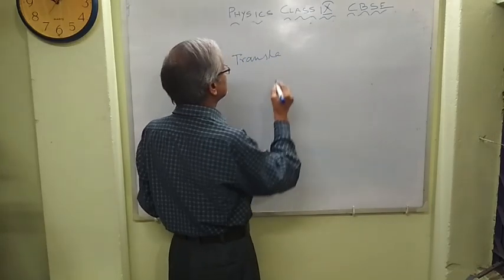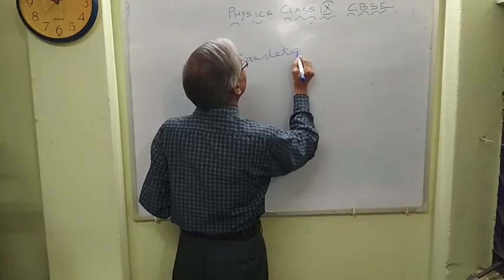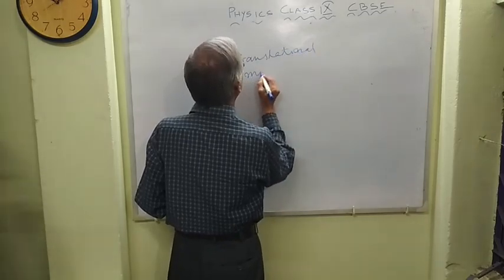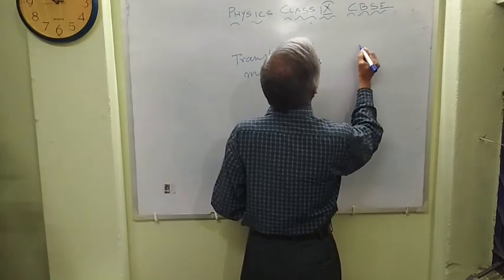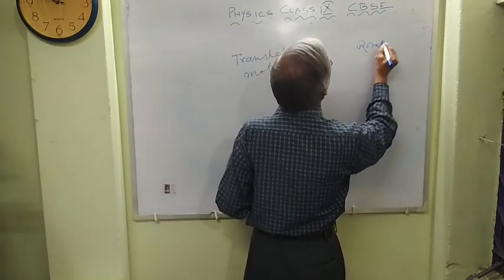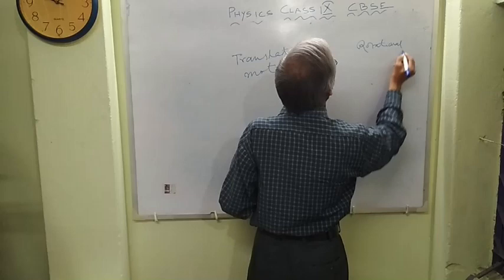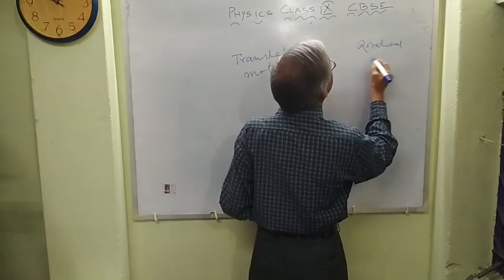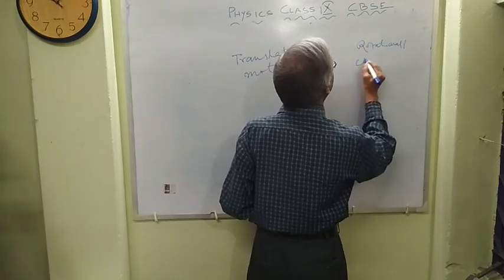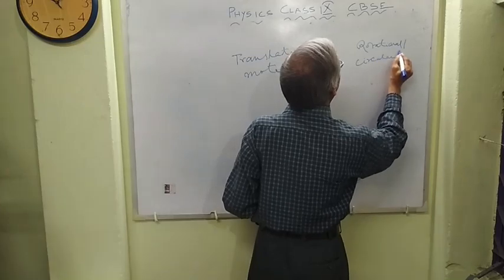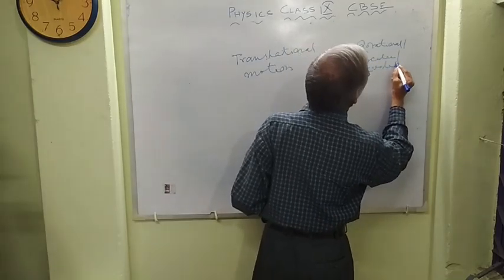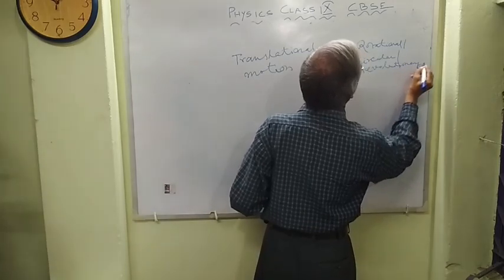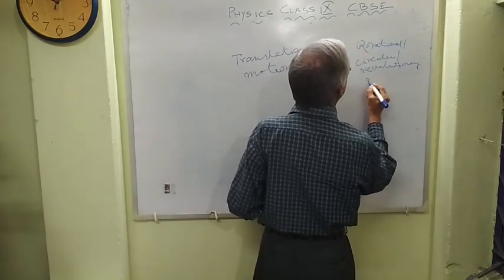These are the types of motion: translational motion and rotational or circular or revolutionary motion.